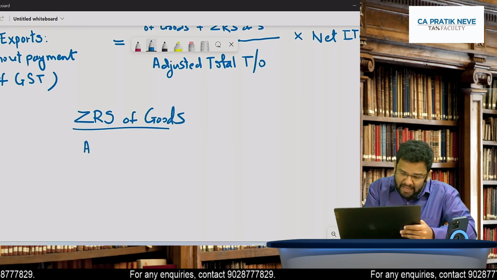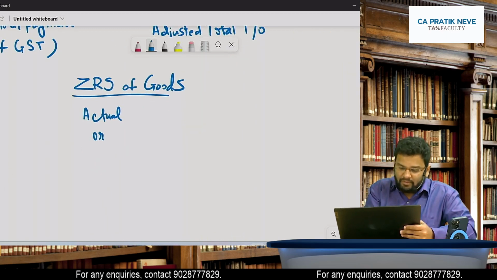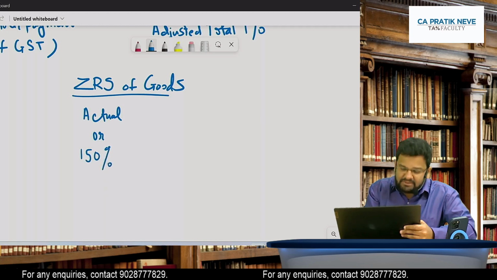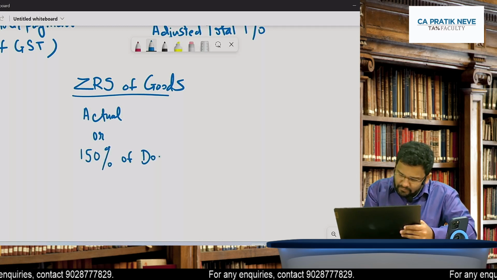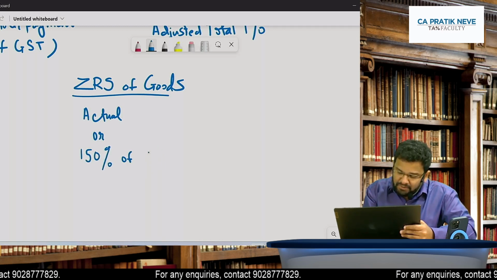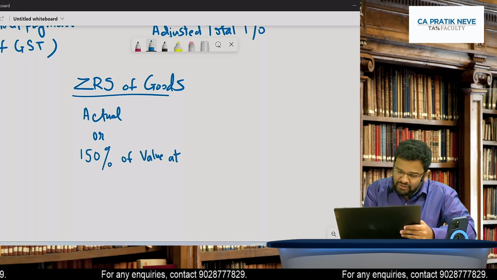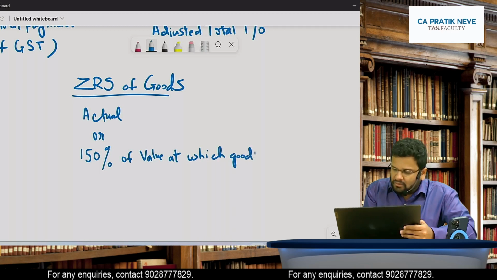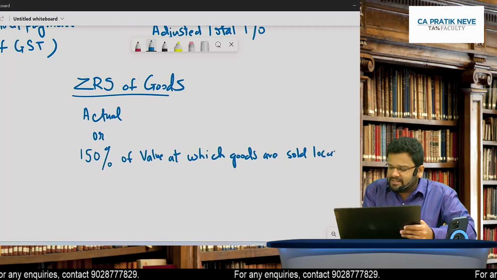So that will be actual or 150% of value at which goods are sold locally, means in domestic market.